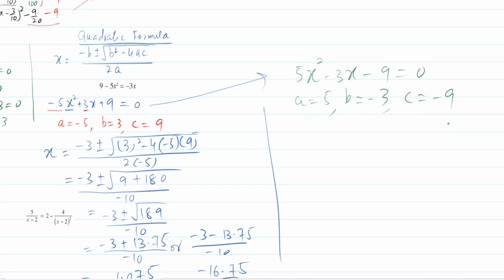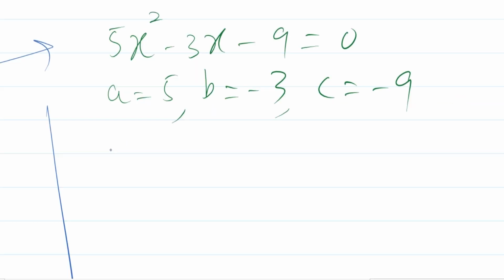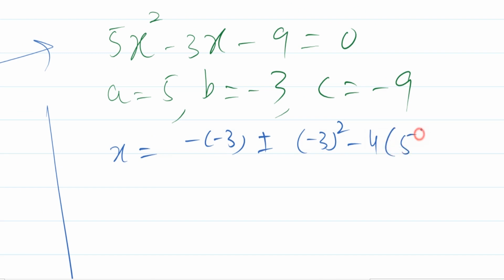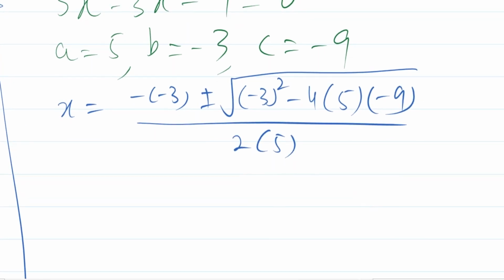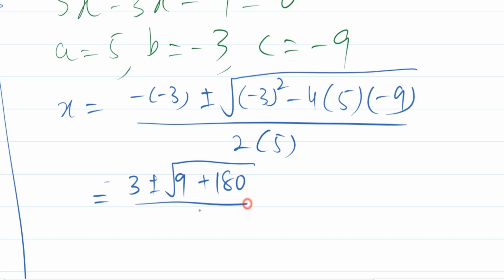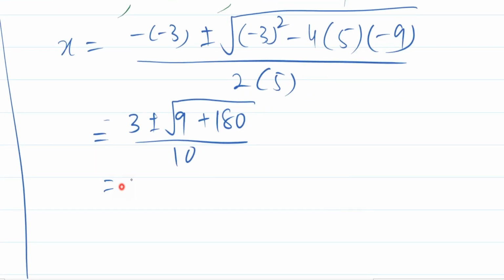If I apply the quadratic formula here, x is equal to minus b, minus minus 3, plus minus square root of minus 3 square minus 4ac, over 2 times 5. So this is 3 plus minus square root of 9 plus 5 4s are 20 times 9, 180, over 10. So 3 plus minus square root of 189 over 10.